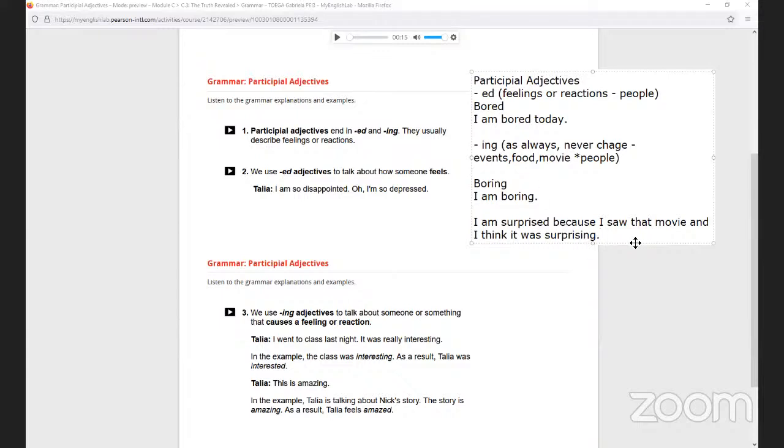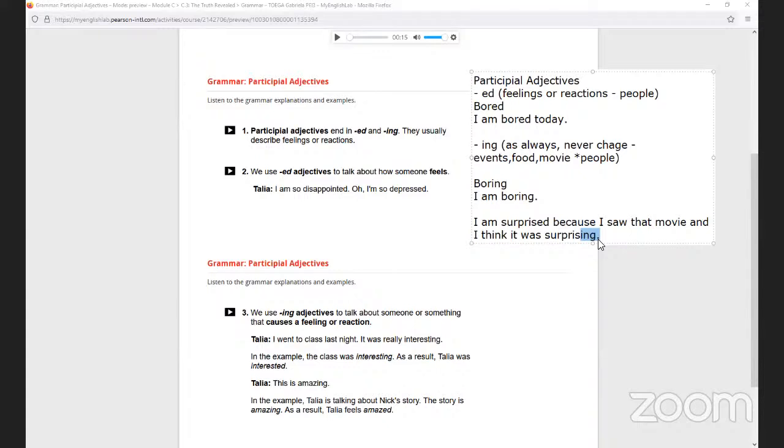So in this case, I am using surprised because I am talking about me. I am a person, so I am talking about me with ed. The other is because that movie was surprising. So I am qualifying the movie as surprising. Some event that is never going to change because they made it that way and that movie is going to stay that way.